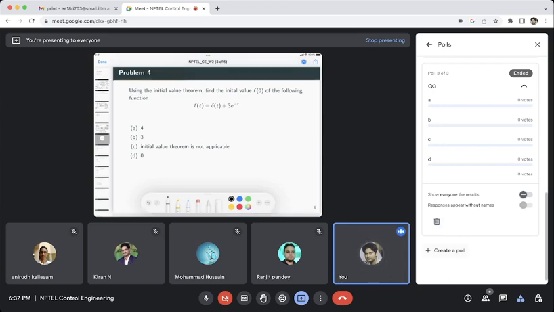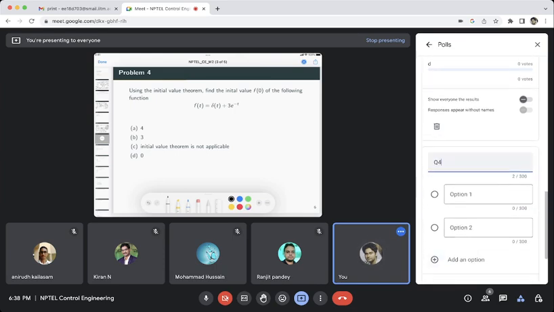So you have some function given, and you know the initial value theorem, right? So can you find what will be f of 0, that is the value of this function at the initial time 0. This is question 4.